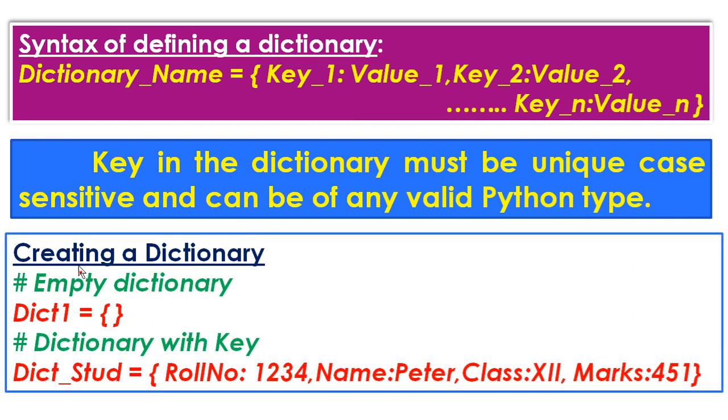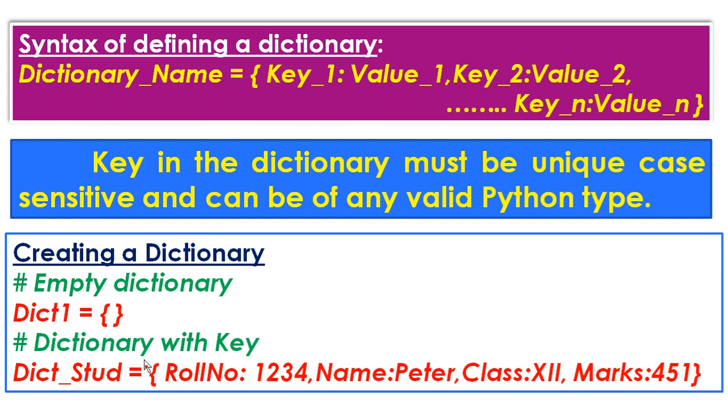Here is an example for creating a dictionary. First of all, how to create an empty dictionary? dict1 equal to opening curly brace and closing curly brace. This code generates an empty dictionary called dict1.